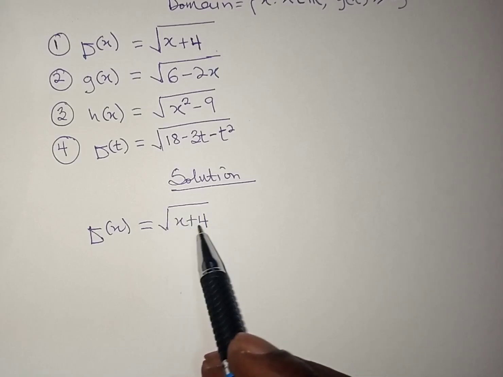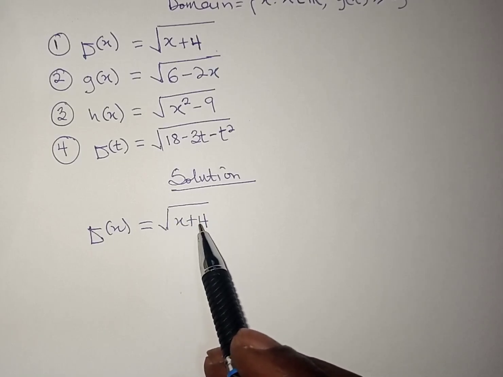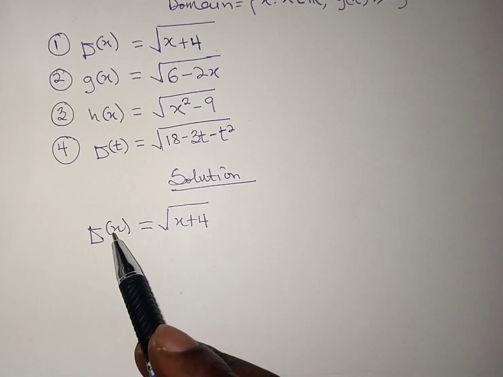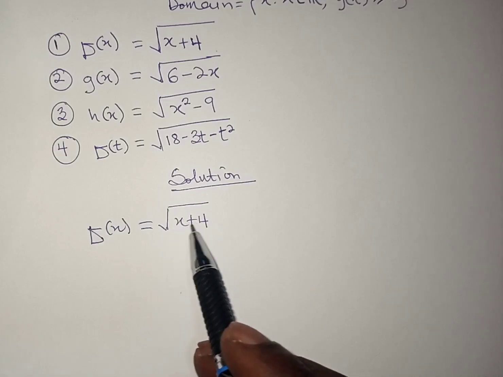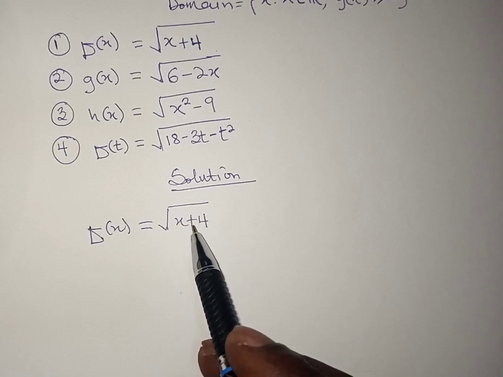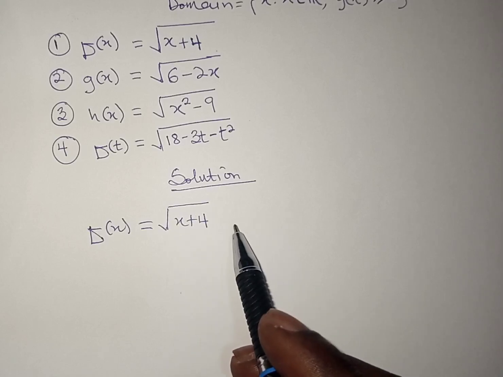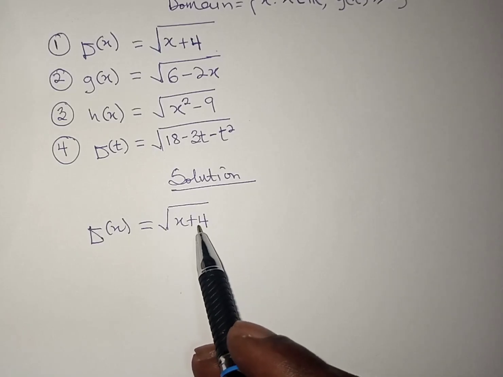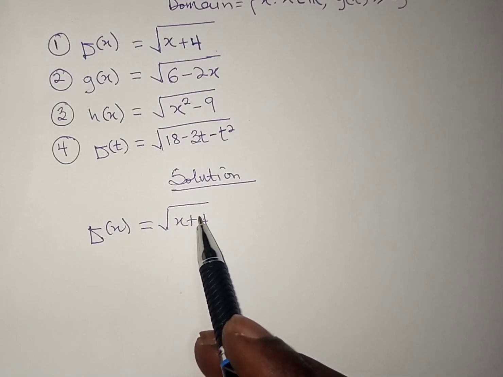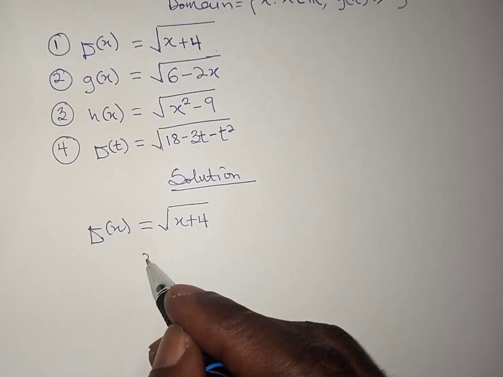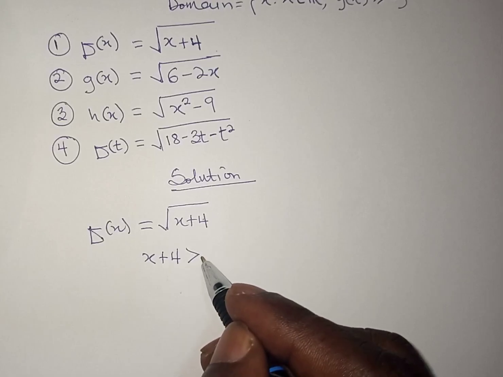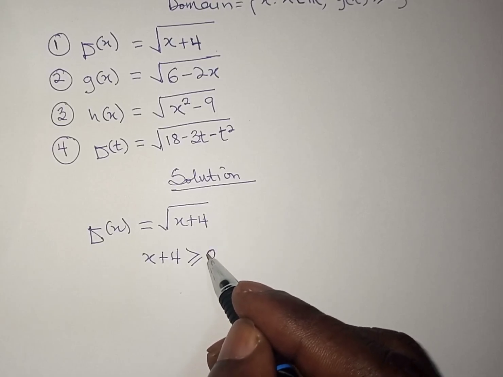So the x plus 4 you see here is another function. For this function to be defined, the entire value shouldn't be negative; the entire value should be greater than or equal to 0. If we know that, then we can find the domain. If that is the case, then I will take everything in the radical sign, which is x plus 4, and it should be greater than or equal to 0.